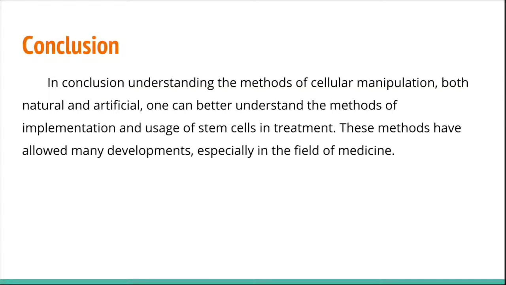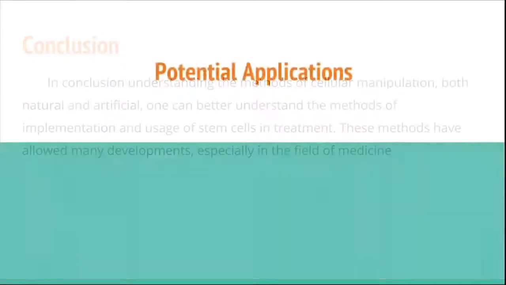Now, in conclusion, it is incredibly important to understand these various methods of cellular manipulation, both natural and artificial. With these, you can understand the implementation and usage of these stem cells in treatment. These methods have allowed many of the developments in the field of medicine.